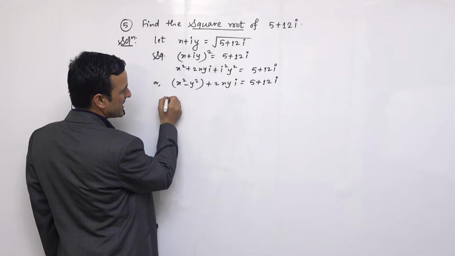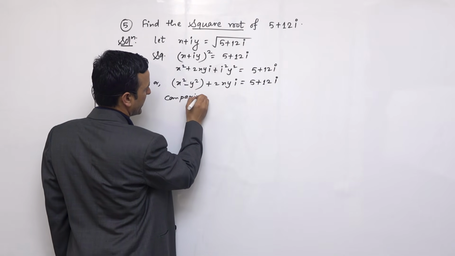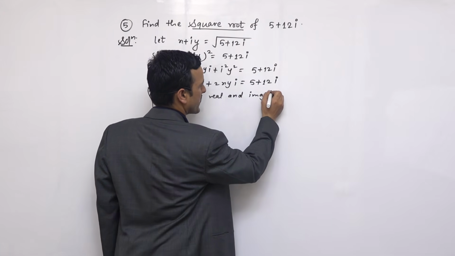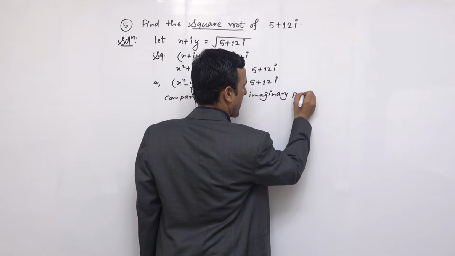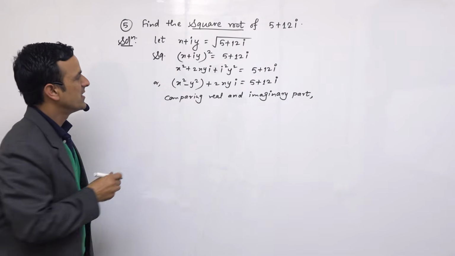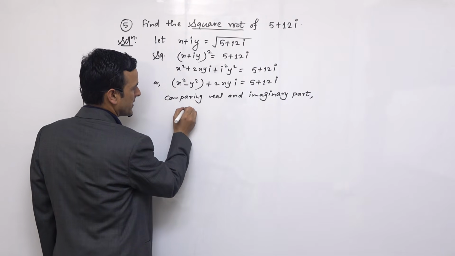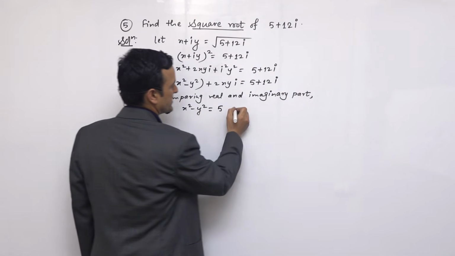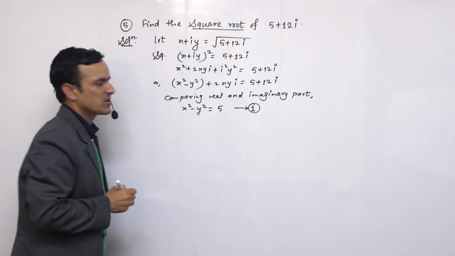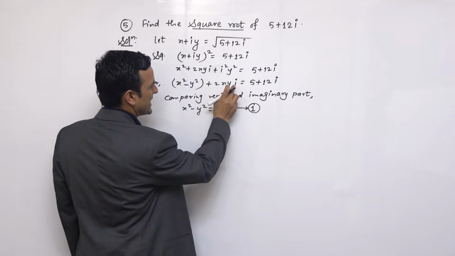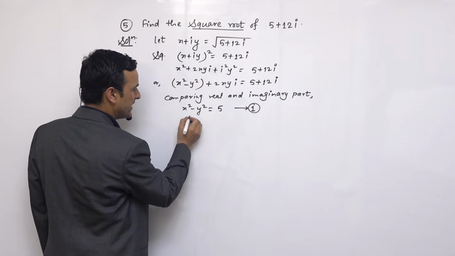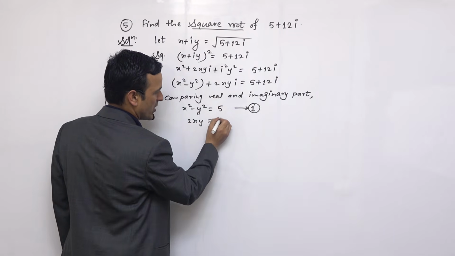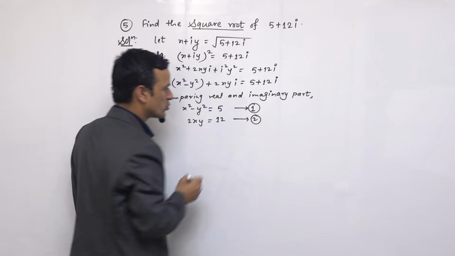Now we can compare the real and imaginary parts. So real part is this one: x square minus y square is equal to 5. This is equation 1. And imaginary part means coefficient of i: this is 2xy is equal to 12, the coefficient of i. So this is equation 2.